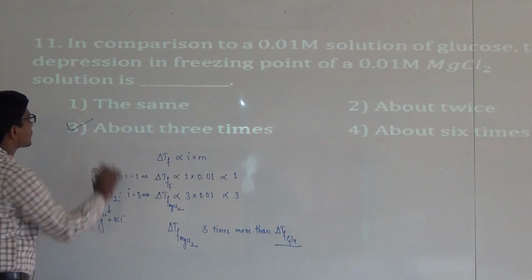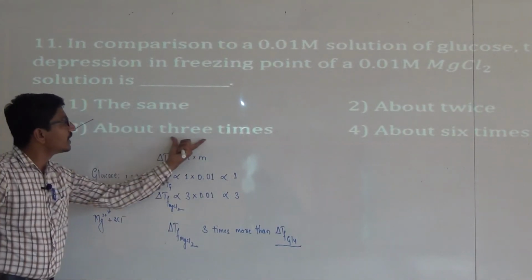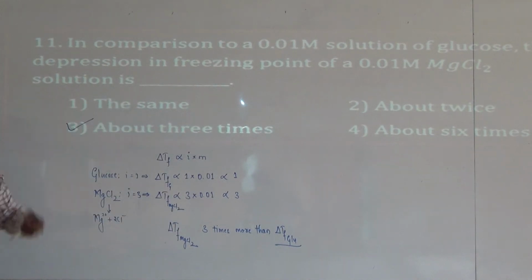Option second one is correct, about 3 times more than that of glucose. Correct option is third one.